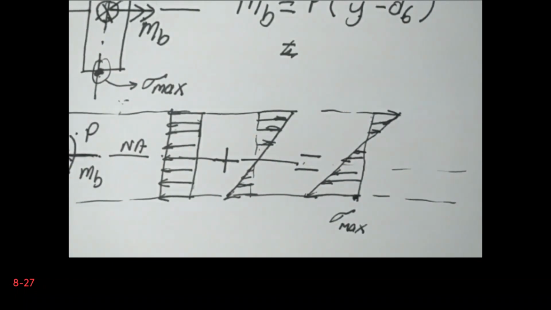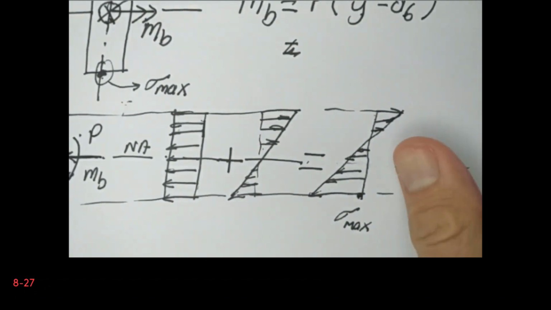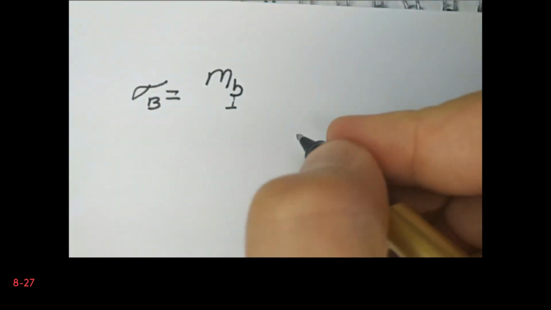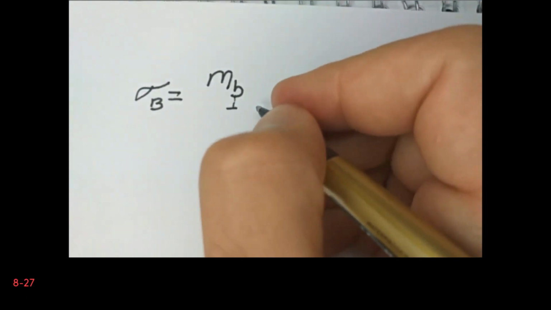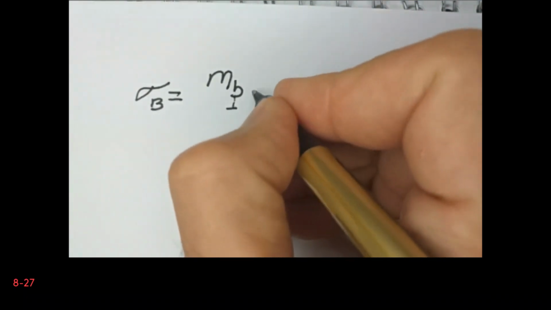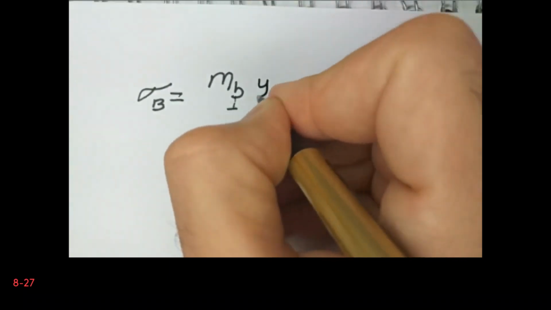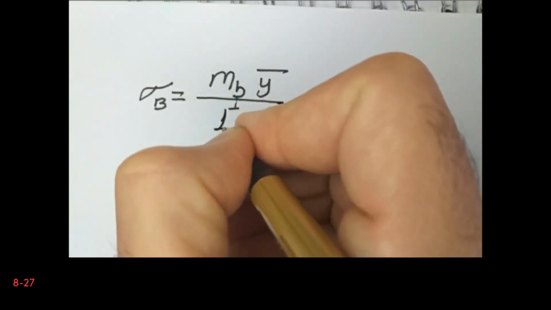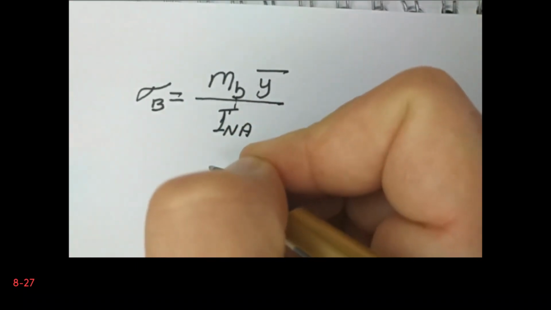First, I will calculate the bending stresses. The bending stress for this point is MB multiplied by the distance of that point to the neutral axis, that is y bar, divided by INA. Of course, I have the negative sign because it is compressive.